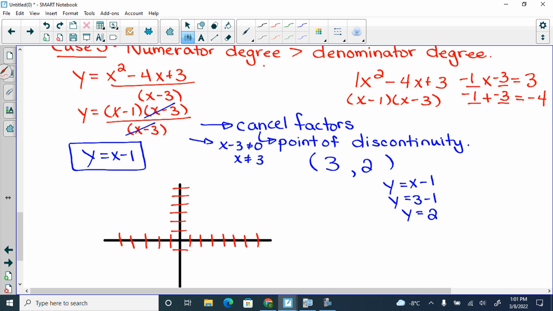Before I even go to draw it, I'm going to put my point of discontinuity. So at 3, 2, I better have an open dot. If my graph draws completely above or below and doesn't get with that dot, something is wrong. You either drew your graph wrong or your point of discontinuity is wrong. Because I just need to have an open dot at 3, 2. So now I'm going to sketch the line and hope it passes through there.